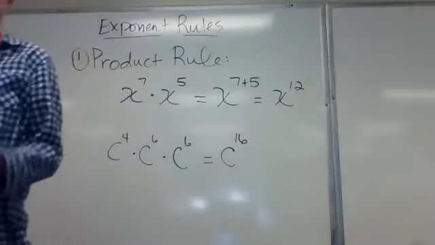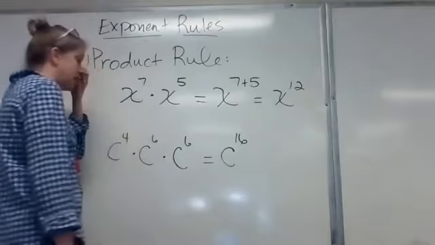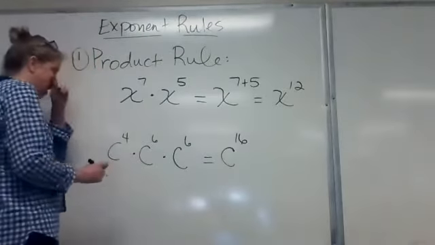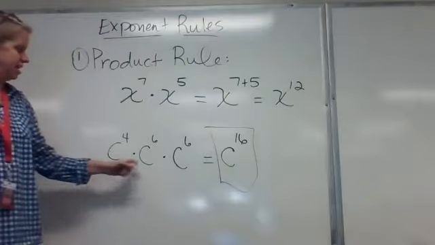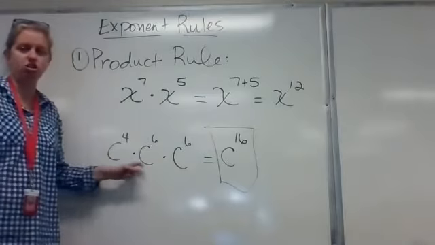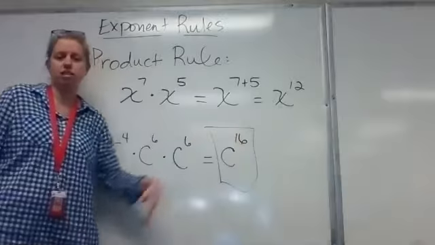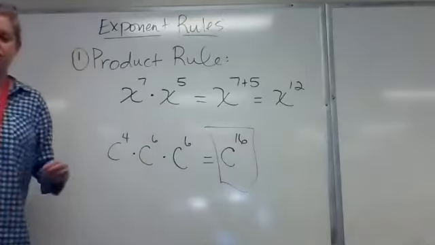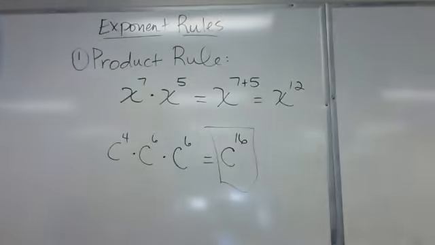So it's C to the 16th. Okay, so this is going to help us later on if you are trying to simplify or solve something. It's much easier to look at something that looks like this than it is to deal with this, right? This is just one term with one exponent instead of a bunch of terms with a bunch of different exponents. Okay, so it's helping simplify these things.